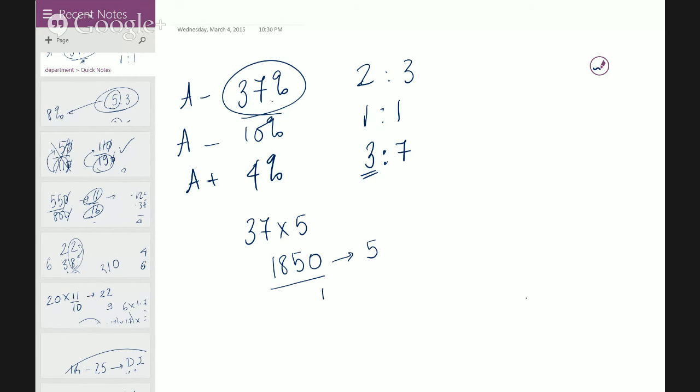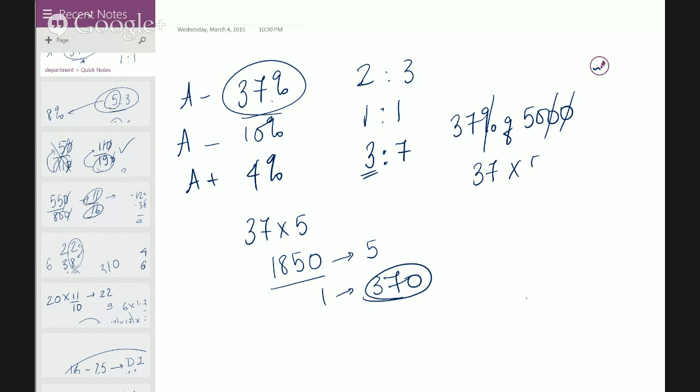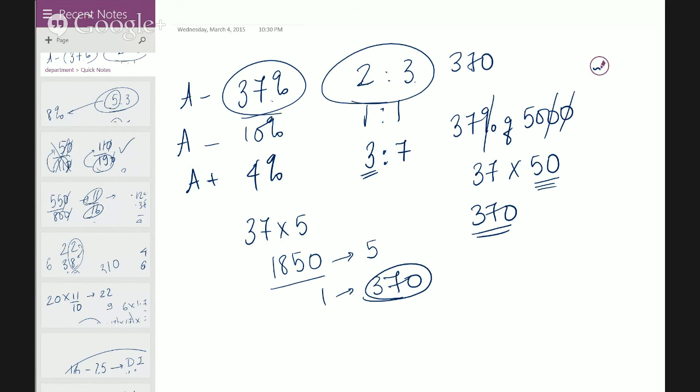So one part is going to be 370, right? Yeah, 370. One part is going to be 370. Oh, even better, I'll show you a better method. Now 37% of 5,000, right? Just because numbers are in place, percent cancel, 0 cancel, so I get 37 into 50. You'll have to divide this into 5 parts, per part 10, so one part is 370, and one part is nothing but the difference between these two, so 370 is the difference. 10% is equal, so there's no difference.